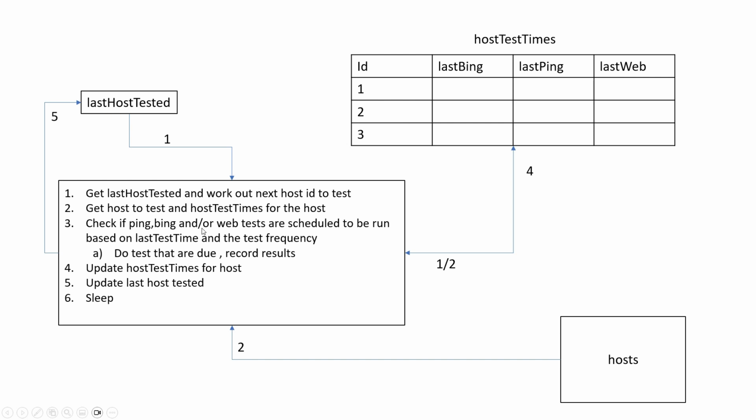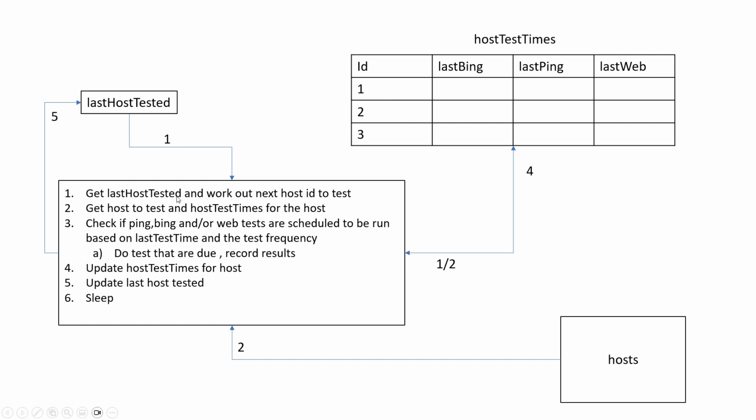And the thought here is I only do a set of tests for a particular host for each iteration of this routine, so we're not holding it up too long. Remembering that the ping tests can take 10-15 seconds to get through, so I don't want to do all the tests for, say, all the hosts and not give control back for Microdot to get a look in, so I'm only going to do one host at a time.